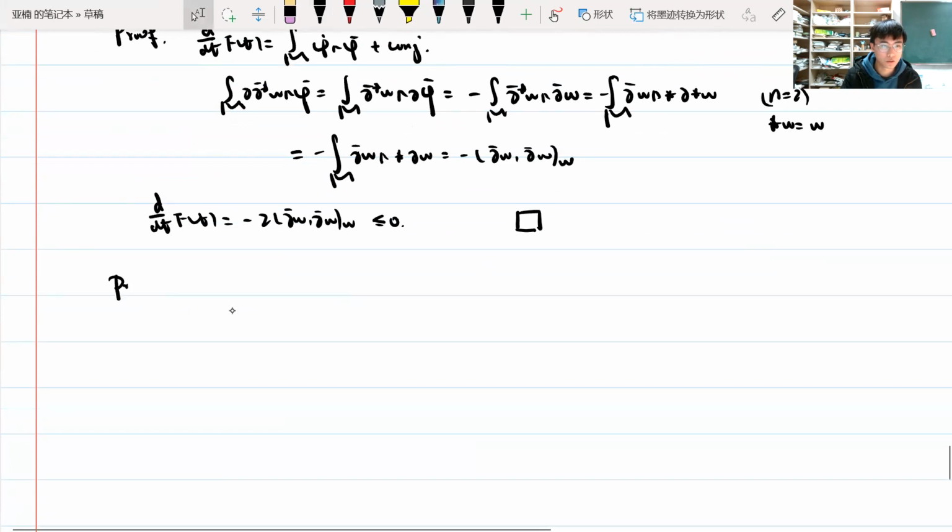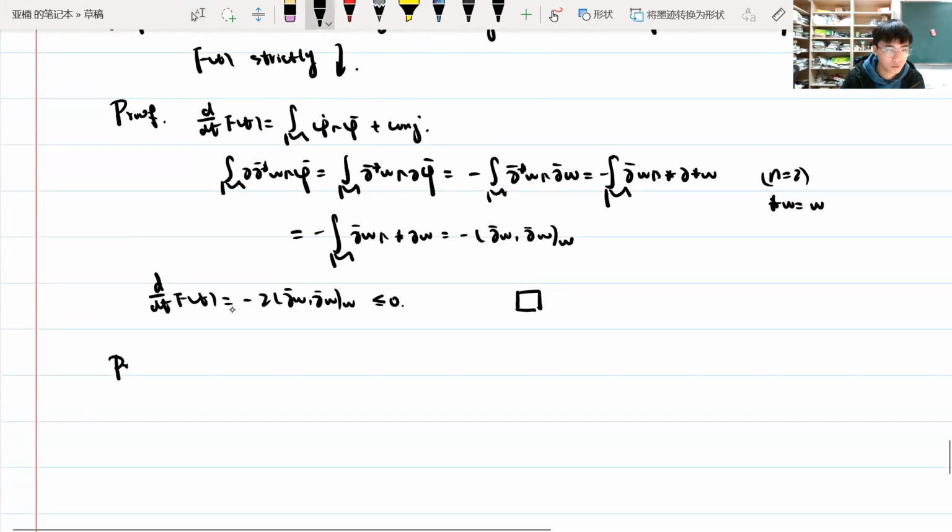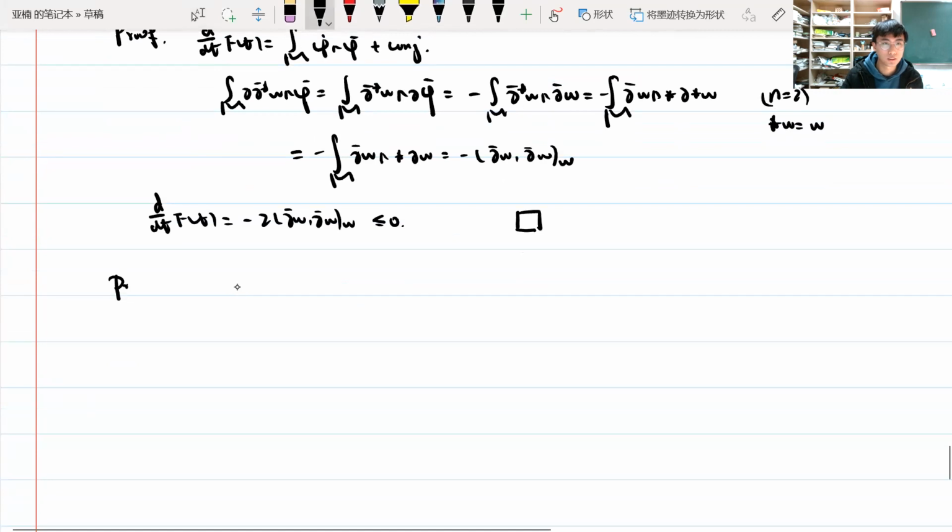So using this proposition, we can consider the limitation of the Fourier closed flow with Hermitian symplectic initial condition.